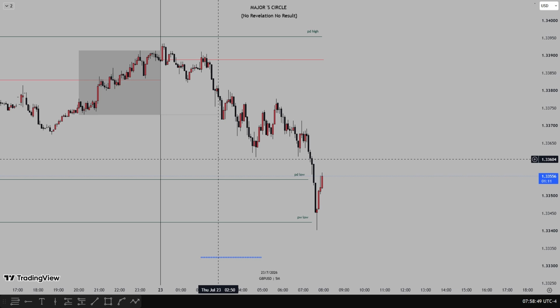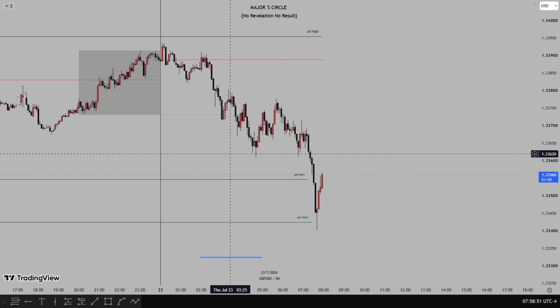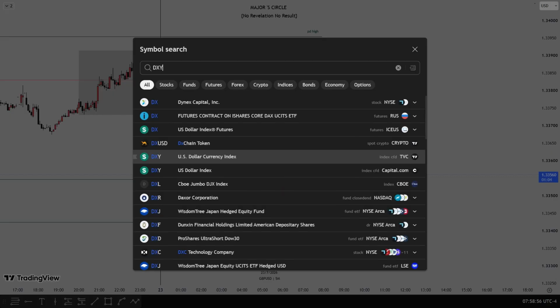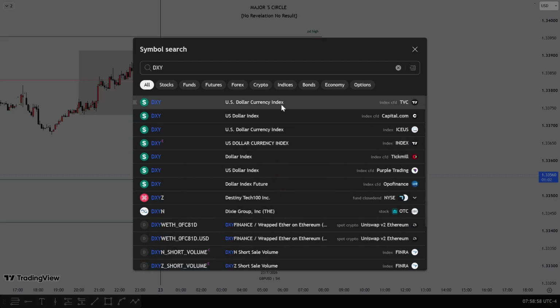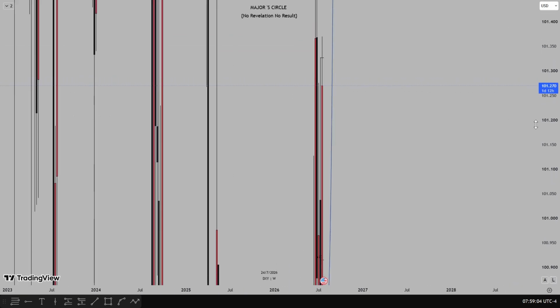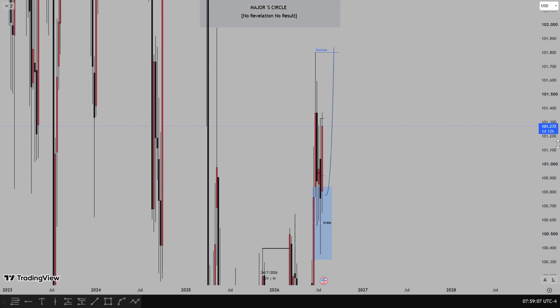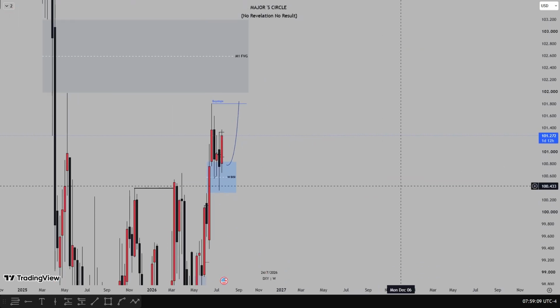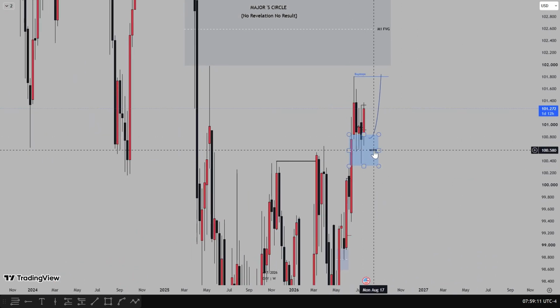So starting the week, I was bullish on the dollar index. If you look at the dollar index, you can see that we were having a bullish market structure there from the weekly time frame. You can actually monitor how price has been reacting from the weekly bullish fair value gap.